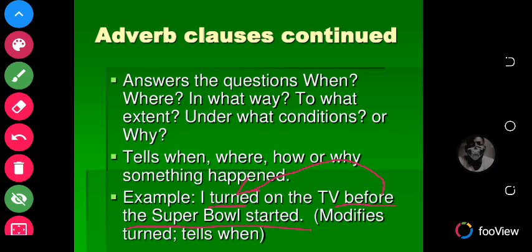Because the verb is turned, and it's answering the question about time. It's an adverb of time. So in I turned on the TV before the Super Bowl started, this adverbial clause, before the Super Bowl started, is modifying, or telling us more about, the verb turned.